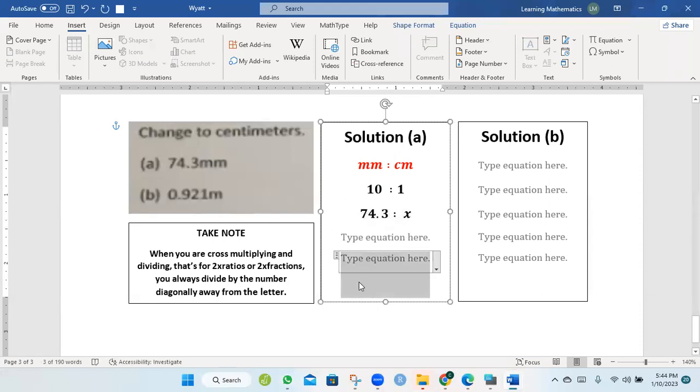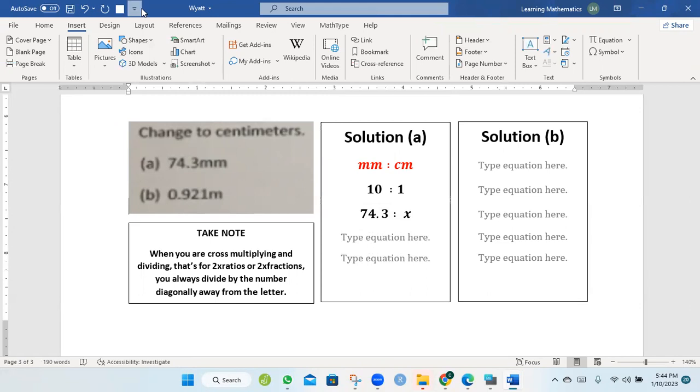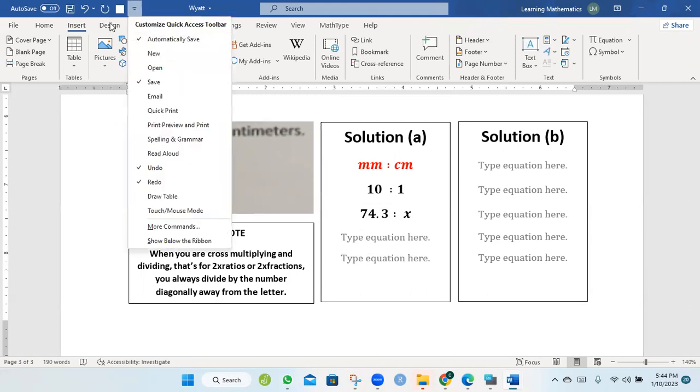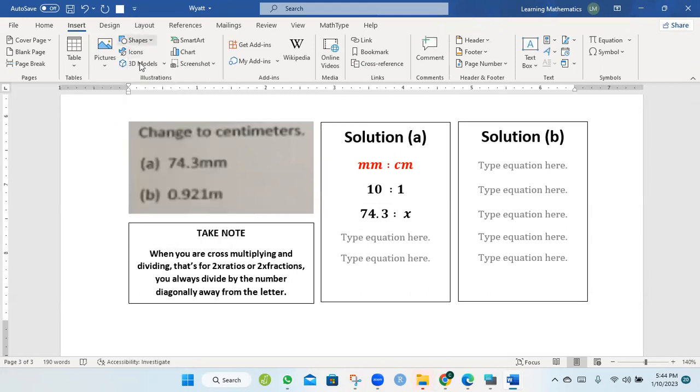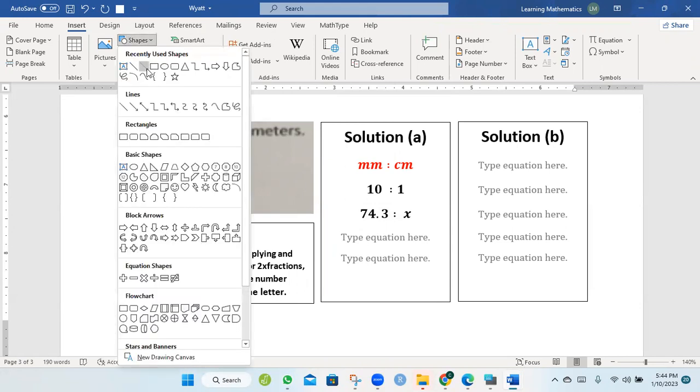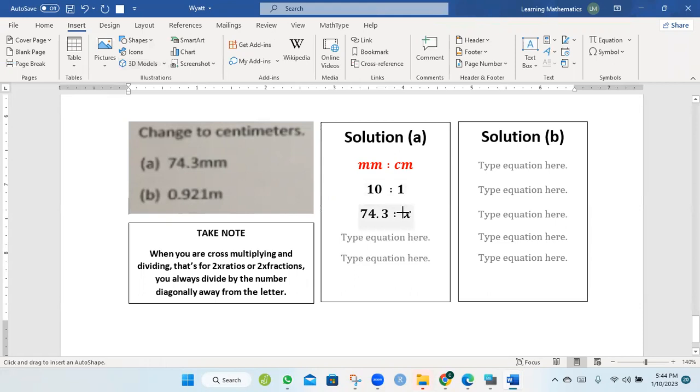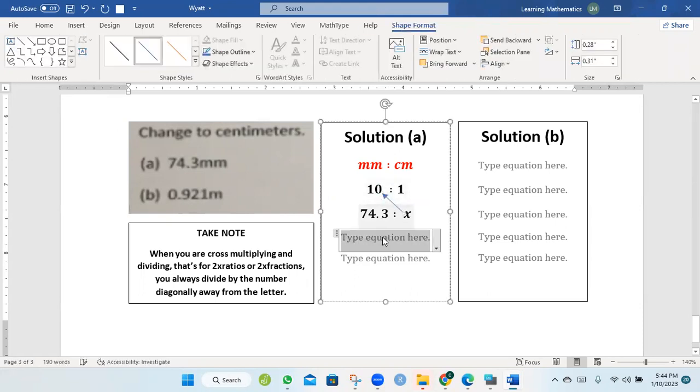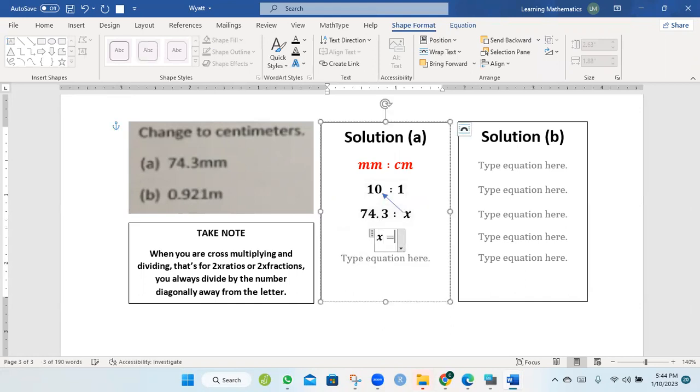We have to divide by 10. So we are going to write X is equal to, and we put our division sign in form of a fraction, and we have to put 10 under there. We have to divide by 10.